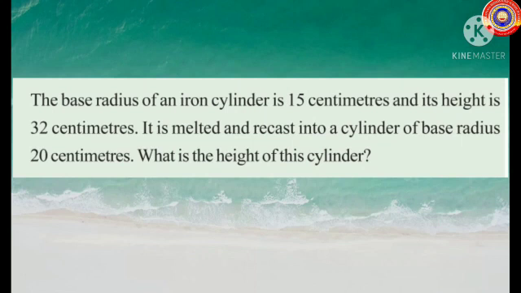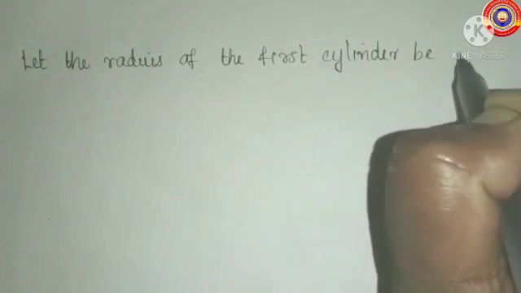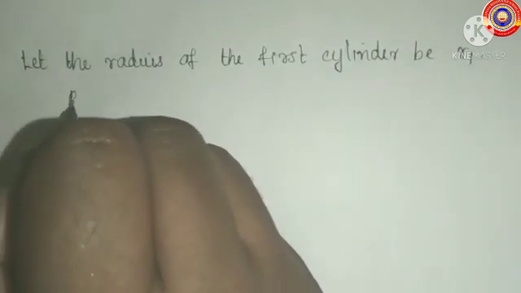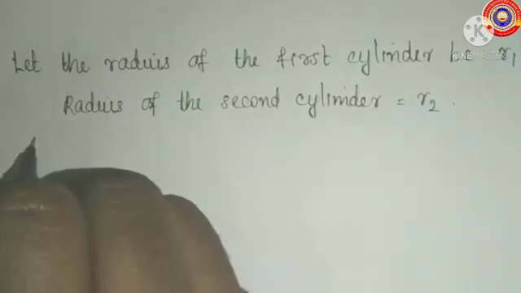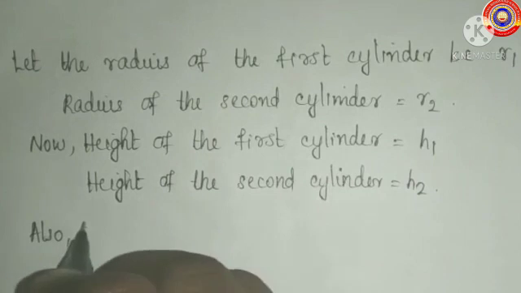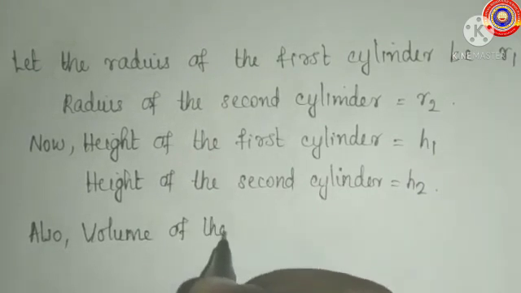Since there are two cylinders here, let the radius of the first cylinder be R1 and the radius of the second cylinder be R2. Now, height of the first cylinder can be taken as H1. Also, height of the second cylinder can be taken as H2.